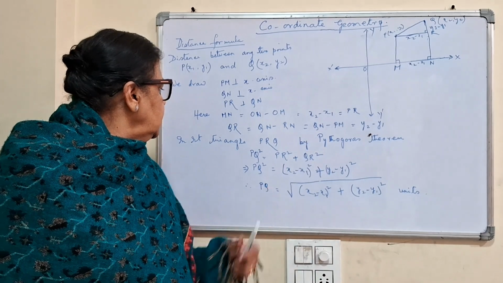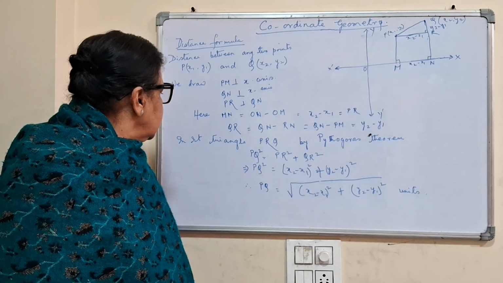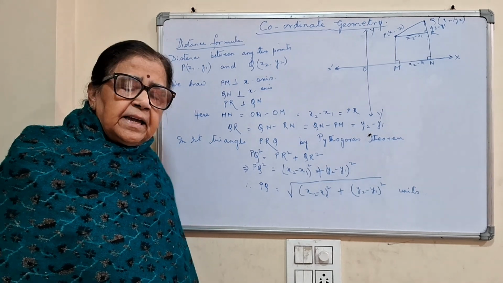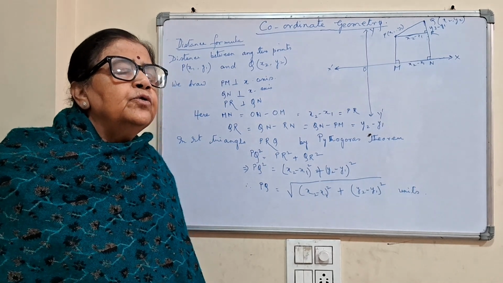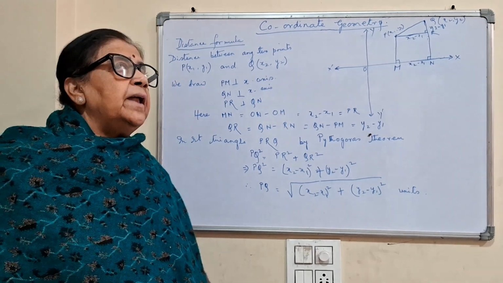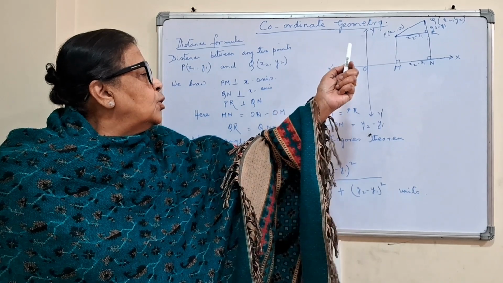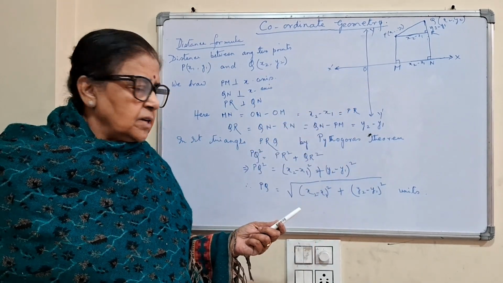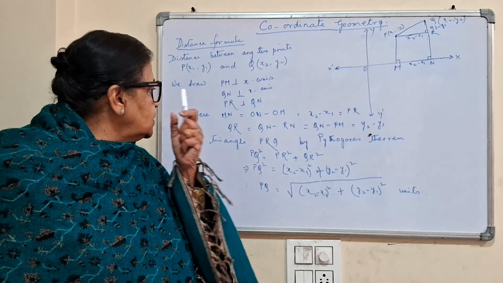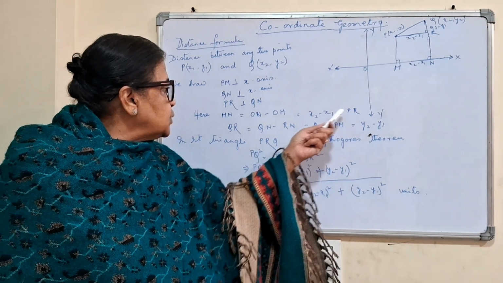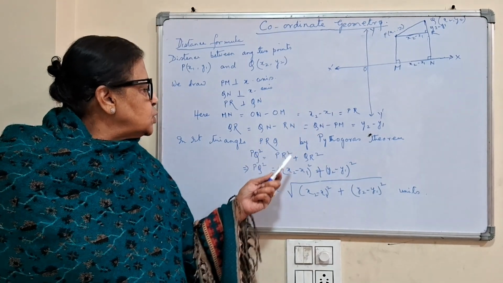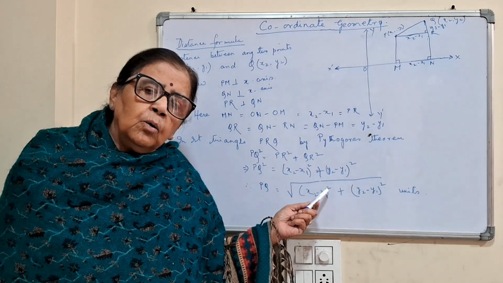Now in the right triangle PRQ, right angled at R, we use the Pythagoras theorem, which we studied in the lower classes: PQ square is equal to PR square plus QR square. PR we found is x2 minus x1 whole square, and QR square is y2 minus y1 whole square.